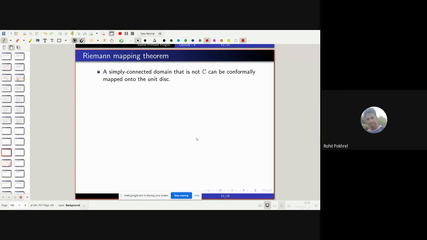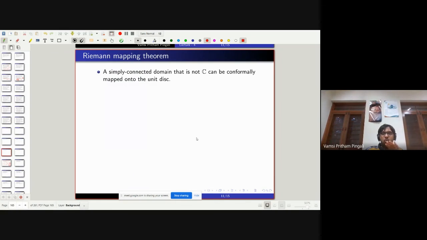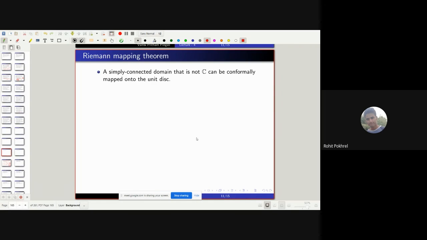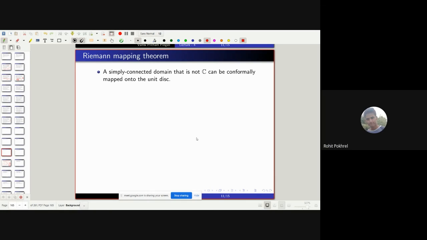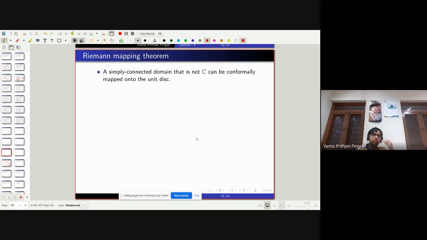Sir, is every conformal map a homotopy equivalence? How to show that, sir? What do you mean by homotopy equivalent? Homotopy equivalent to what? Sir, I mean the domain and range, they are always homotopy equivalent. Is your question whether every conformal map is homotopic to some map? If so, what is it?